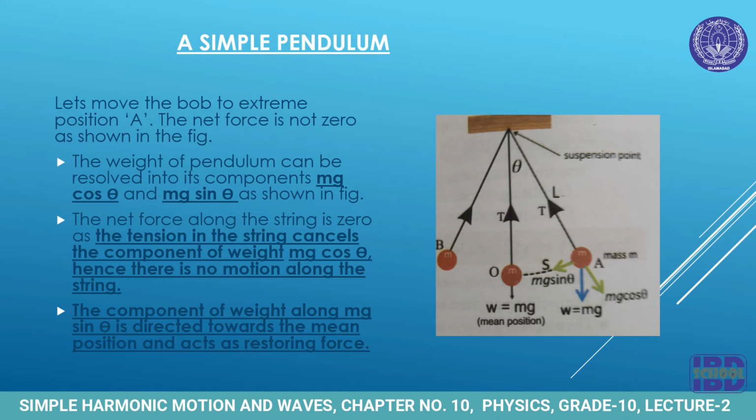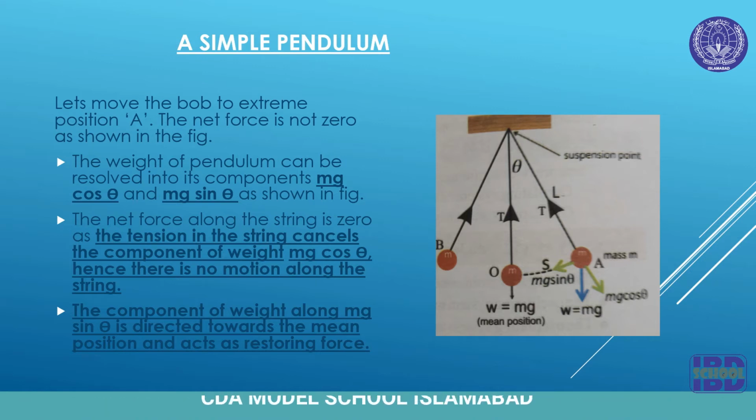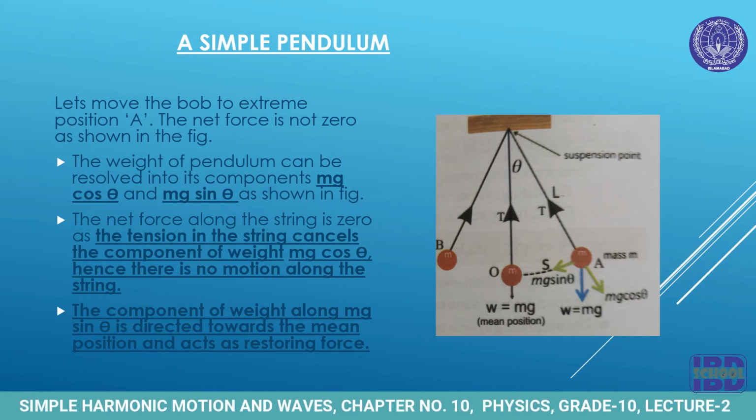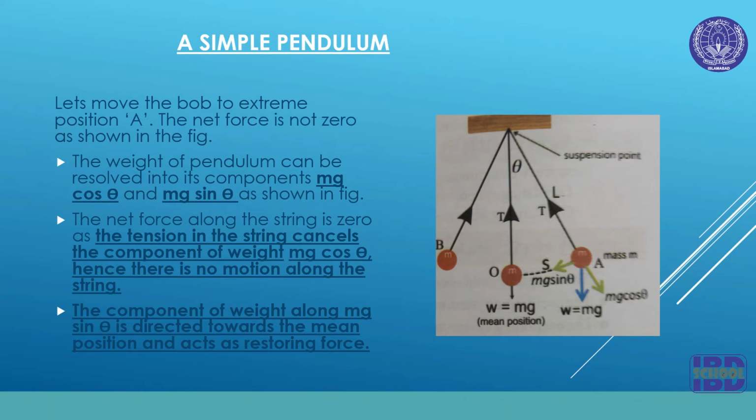The net force along the string is 0 as the tension in the string cancels the component of weight, mg cos theta. Hence, there is no motion along the string. As you can see in the diagram, mg cos theta is just opposite in direction to the tension in the string. And what is mg cos theta?